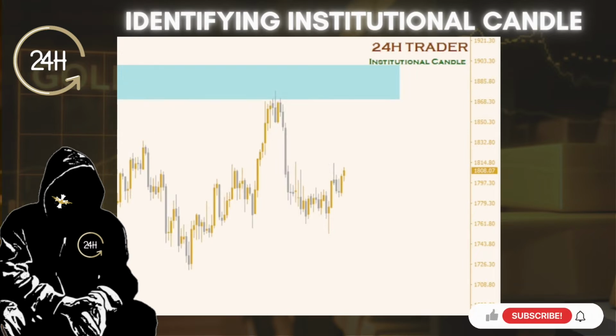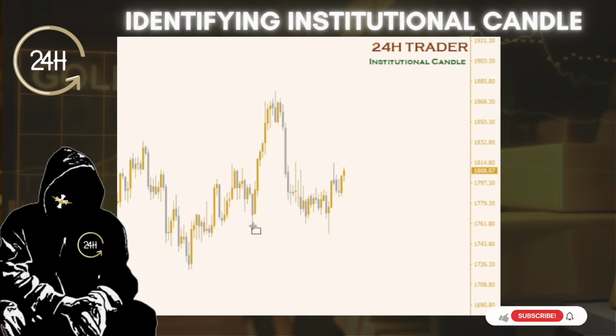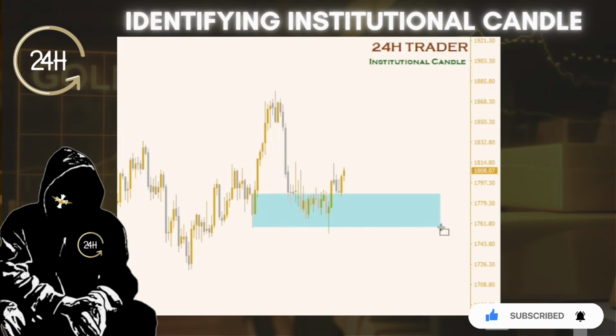So it's very important for us to identify the right institutional candle, and your patience will decide whether you will make profit in trading or not.